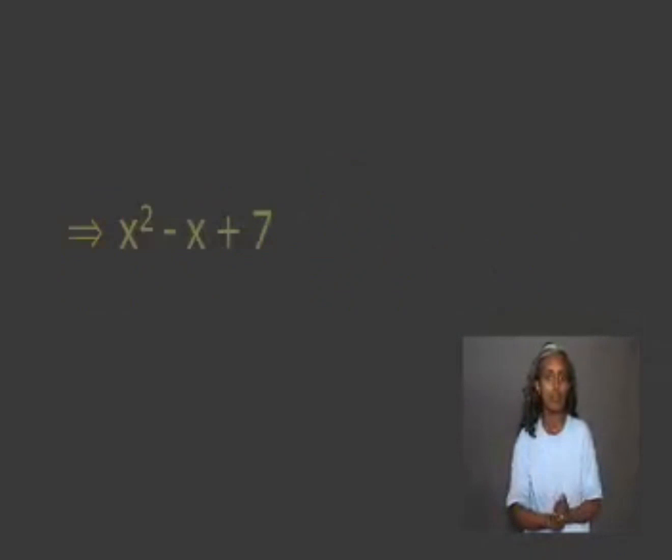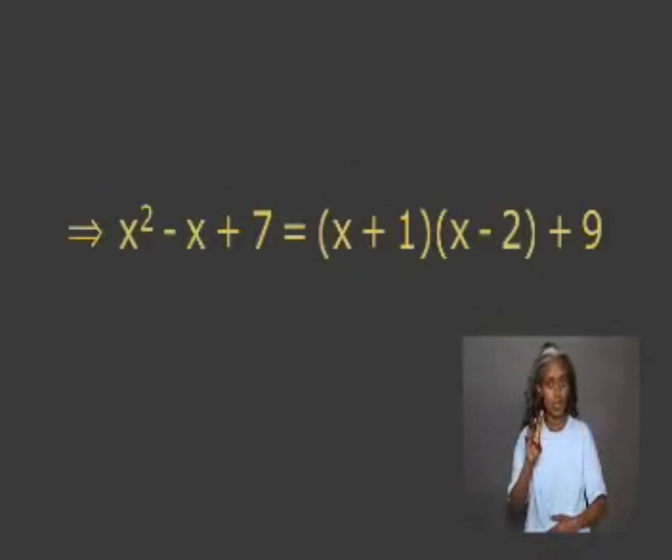So x squared minus x plus 7 is the product of x plus 1 multiplied by x minus 2, plus 9. We have found our answer, students.